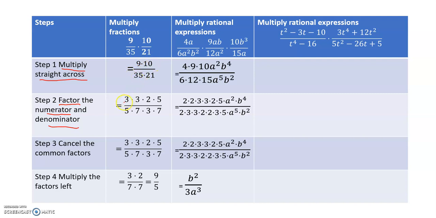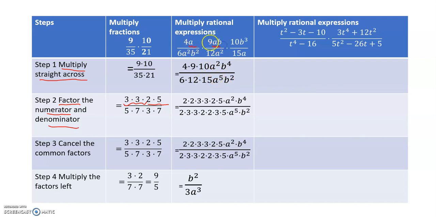9 as 3 times 3, 10 as 2 times 5, instead of multiplying 9 and 10 to get 90 and trying to factor 90. We can also do the same thing with the variables. We could leave them as they are and try to find the common ones to cancel later, but it makes it easier for us to see which ones, because it's not so difficult to multiply variables.